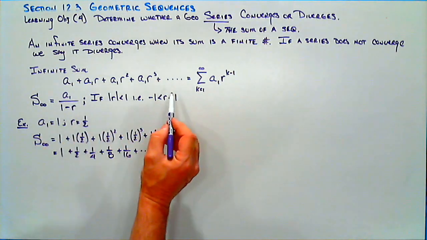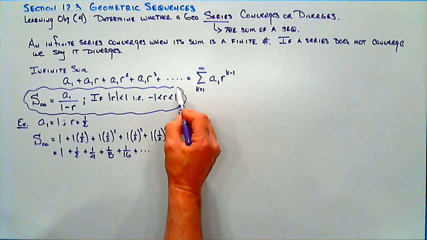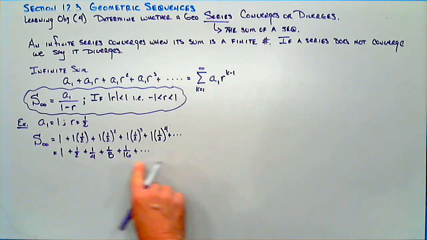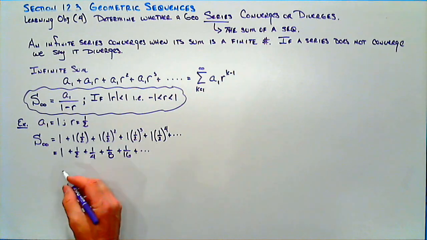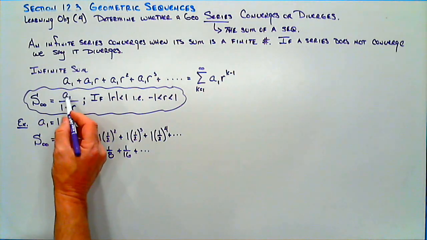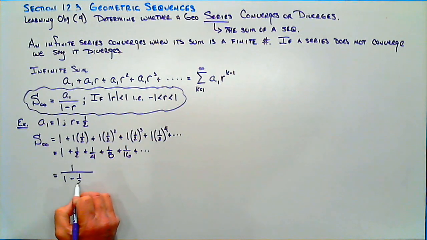Now, based on our theorem that's sitting right here, we know the sum of that. Despite the fact that there's an infinite number of terms, despite the fact that these never cease, they never stop, they're always positive, we know what this sums to. It sums to a divided by 1 minus our common ratio.